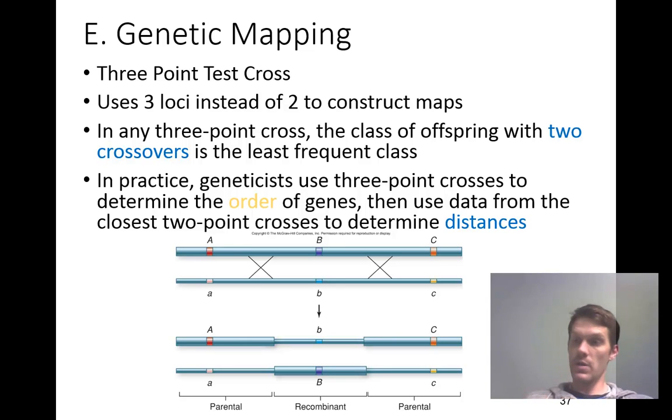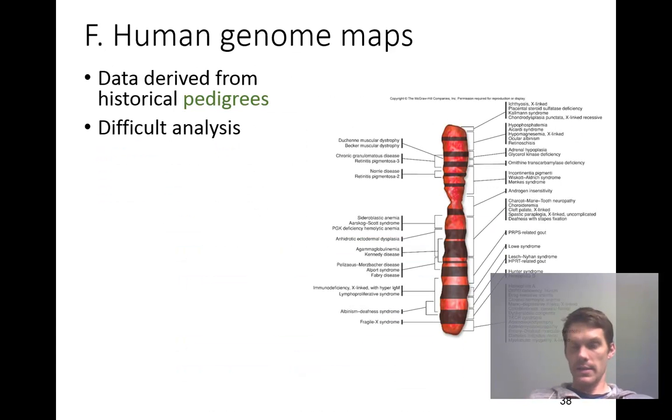But if you look at three different traits at the same time, you can then determine the order of the genes, which way they go. And we're not going to actually determine distances by three-point test crosses, but we will determine the order in the worksheet we'll work on.